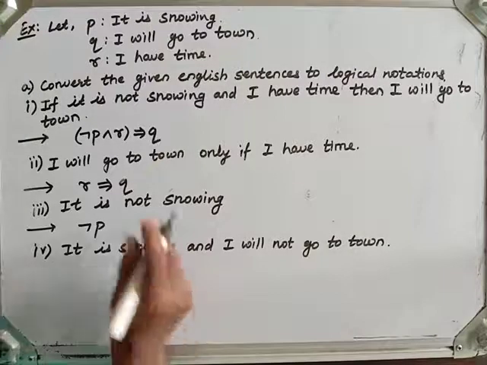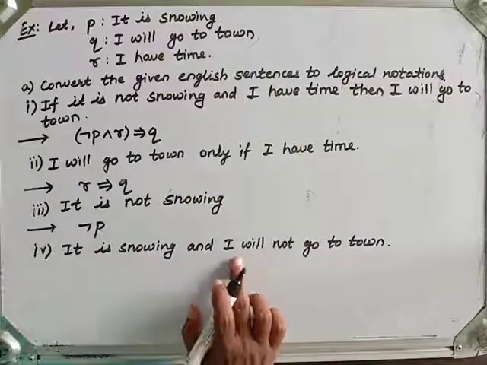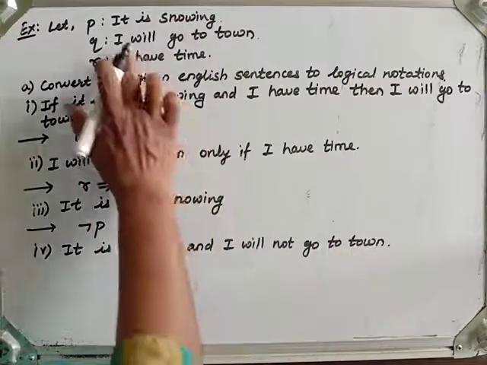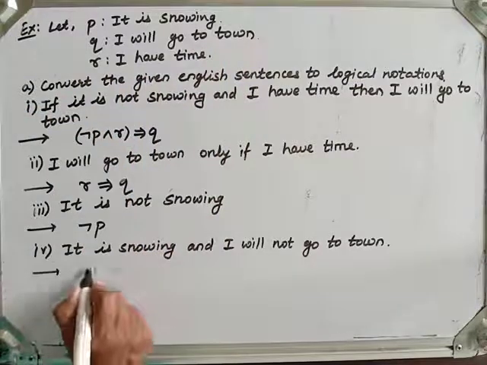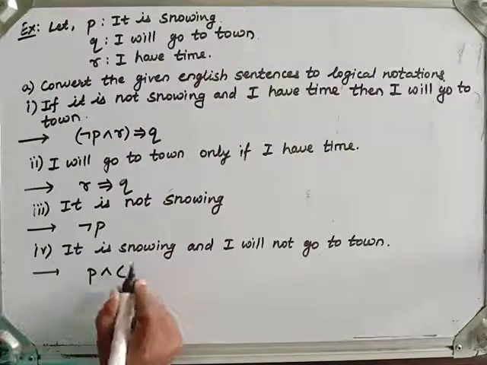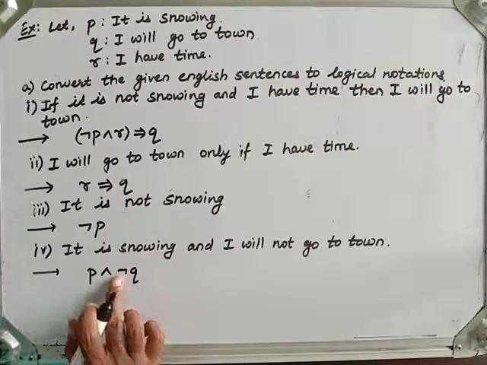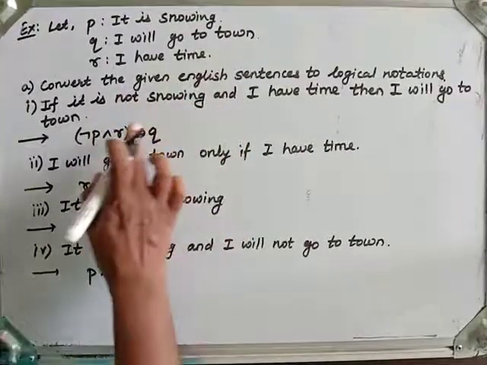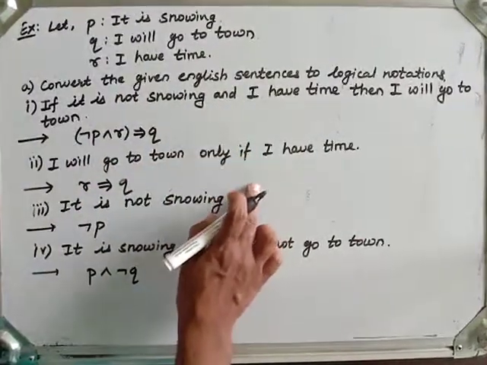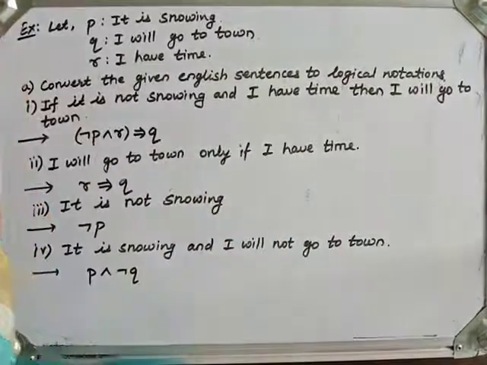So "it is snowing" means P, and in between them "and" means conjunction, and "I will not go to town" is negation of Q. So the answer is P and negation Q. So as such, the English sentences can be converted into logical notations. There are various examples you can practice on your own.